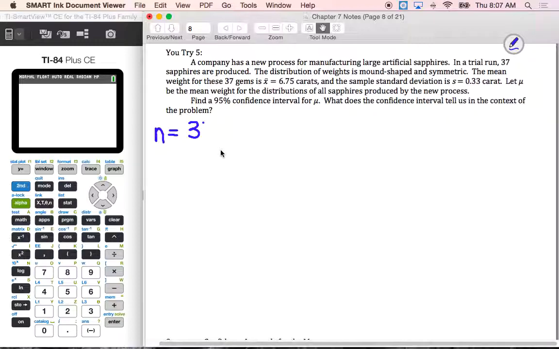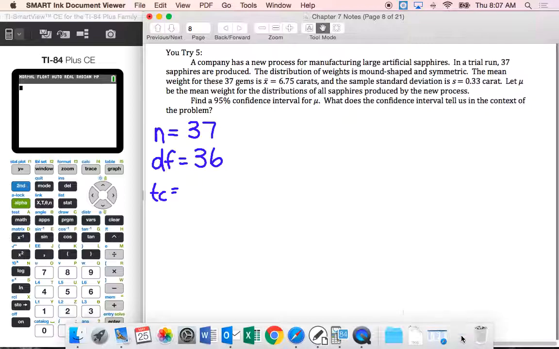Your n is going to be 37 because there's 37 gems, which means your degrees of freedom has to be 36. Then we have a confidence interval of 95%. So if I want to find my t_c, we need to look for 0.950 and degrees of freedom of 36.